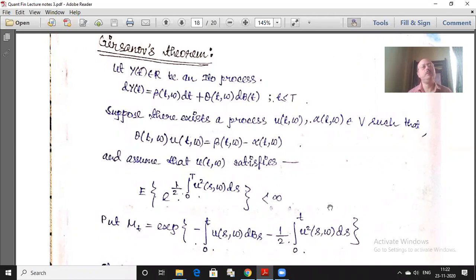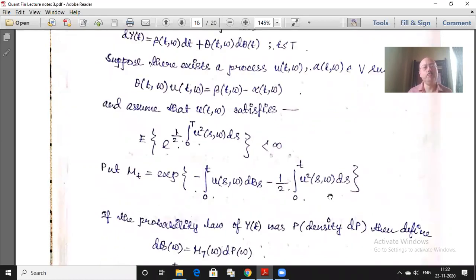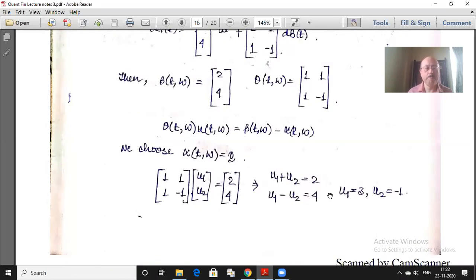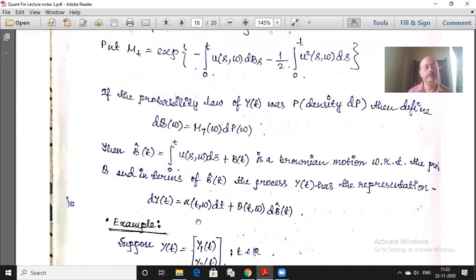Girsanov's theorem not only says that things exist, it also gives you the explicit formula to be able to compute the martingale. So I can explicitly find this martingale, and I can make alpha equal to 0 under Q with respect to the new Brownian motion B hat.